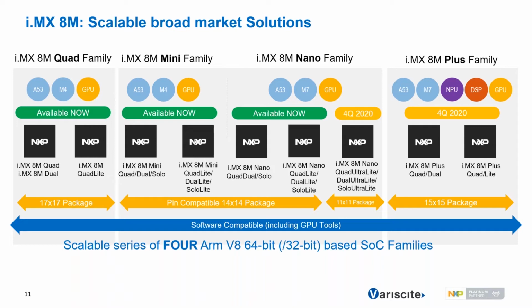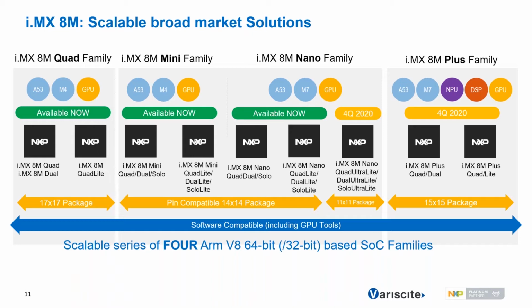The 14 nanometer FinFET choice for the Mini and the Nano enables pin-to-pin compatibility, but also faster operating speeds for the A53 cores at lower power consumption. This power efficiency and performance is one of the key drivers in the wide adoption of this family across many different vertical markets, which are key for both NXP and Variscite.